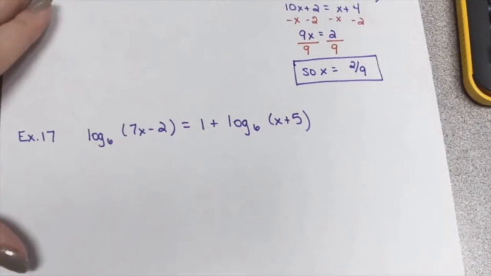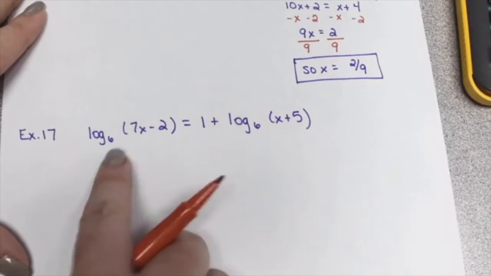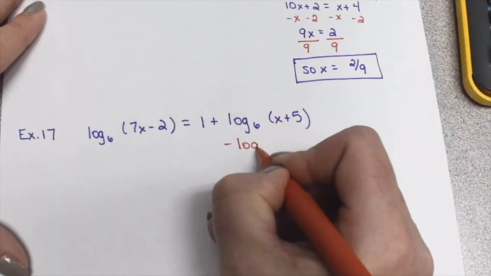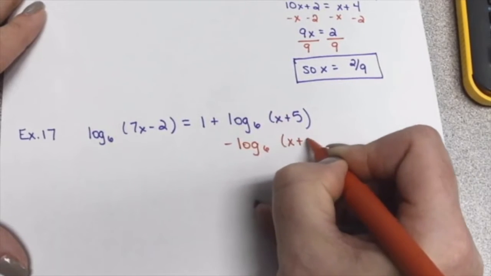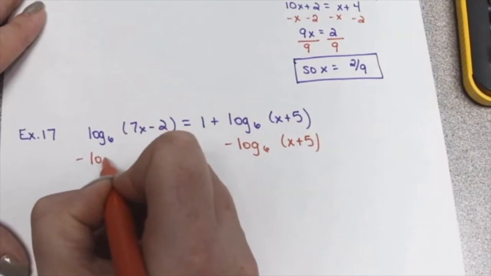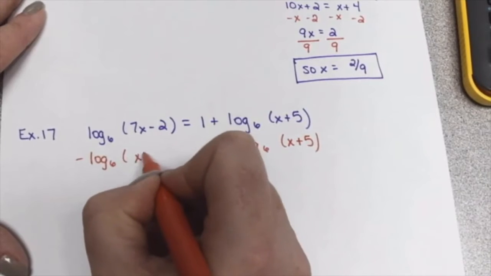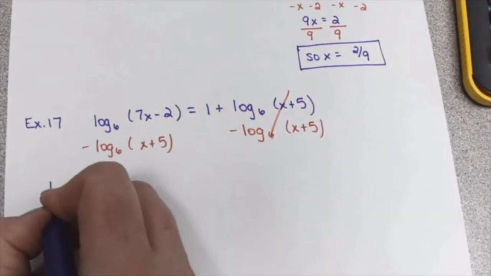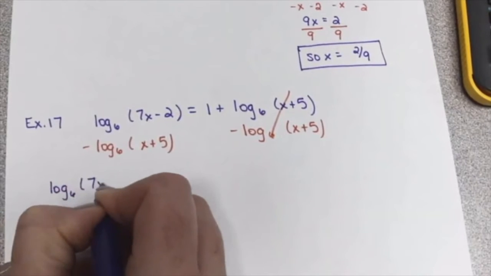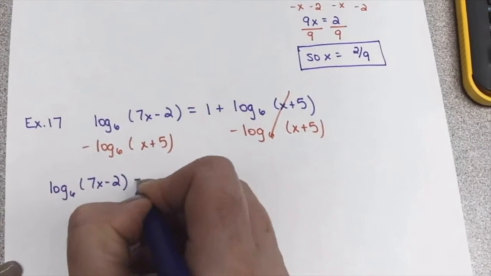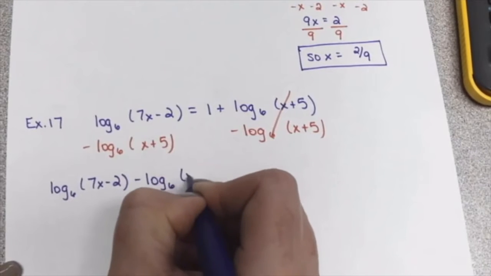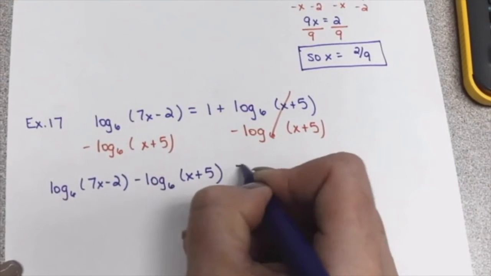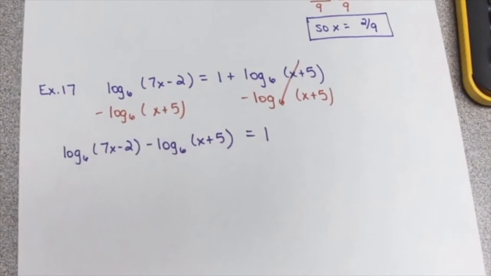So the first thing that is helpful, we want to be able to combine these two, so I need them to be together on one side. So I'm going to subtract the whole thing. It's all really one piece. So I'm going to have the log base 6 of (7x minus 2) minus the log base 6 of (x plus 5) on one side, and then 1 on the other side.